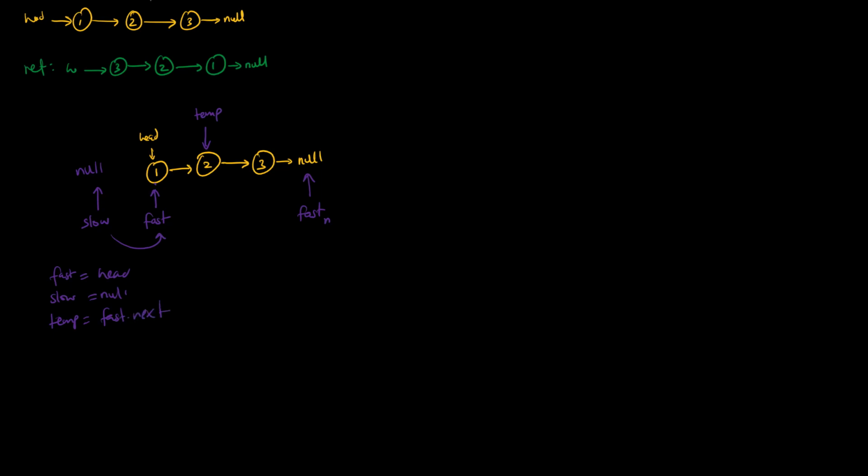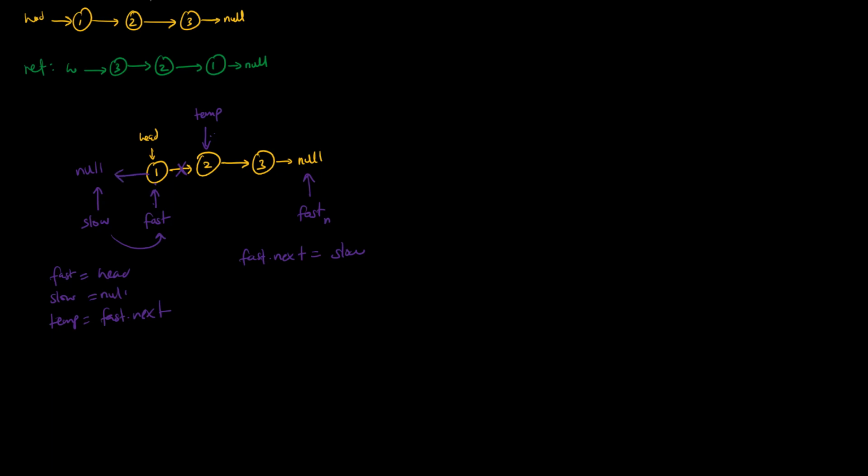Okay. Now at this point, when you have these 2 pointers here, you're ready to do the swap. And how do you do the swap? The swap is as easy as saying let fast dot next point to slow. This means effectively you're breaking this link, and you're pointing it to where slow is pointing.